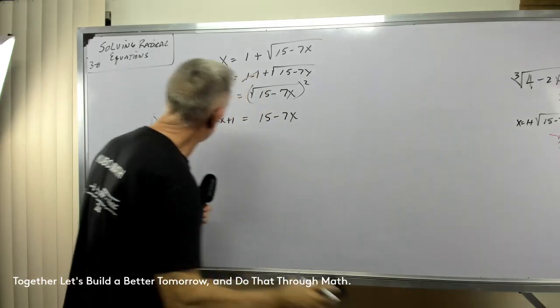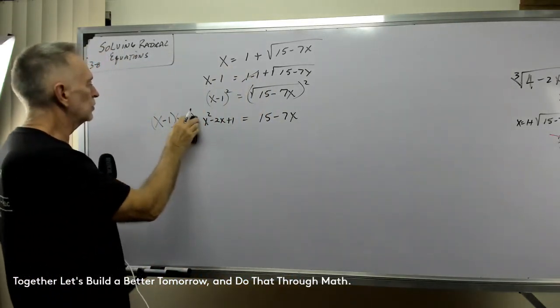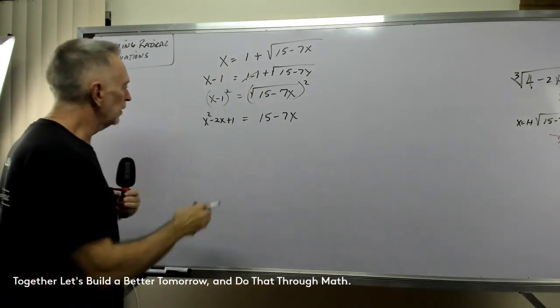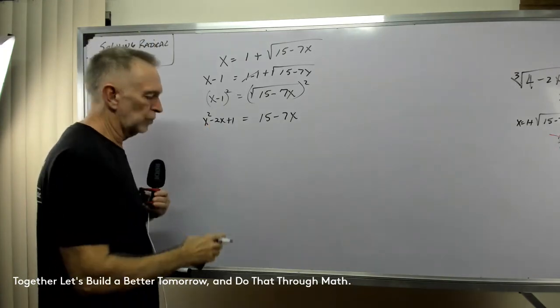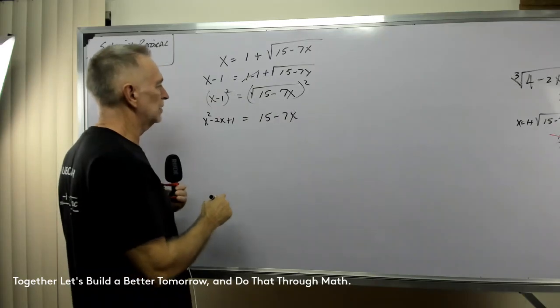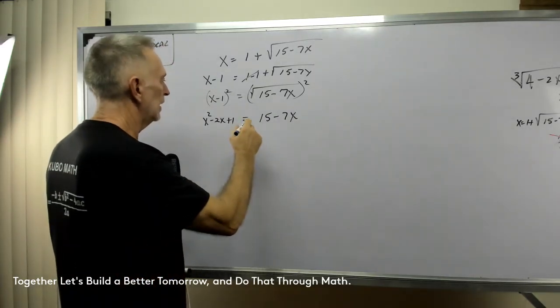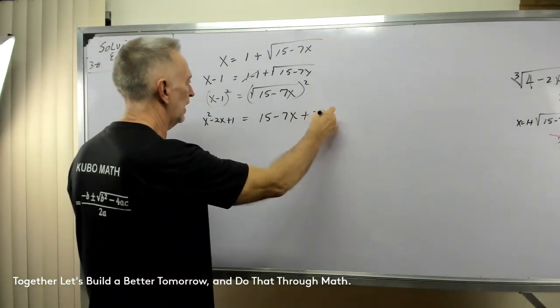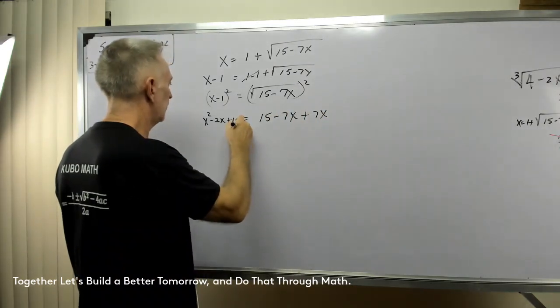Okay, so x minus 1 squared gives me x squared minus 2x plus 1, but that equals 15 minus 7x. Oh, wow. Let me add 7x to both sides.